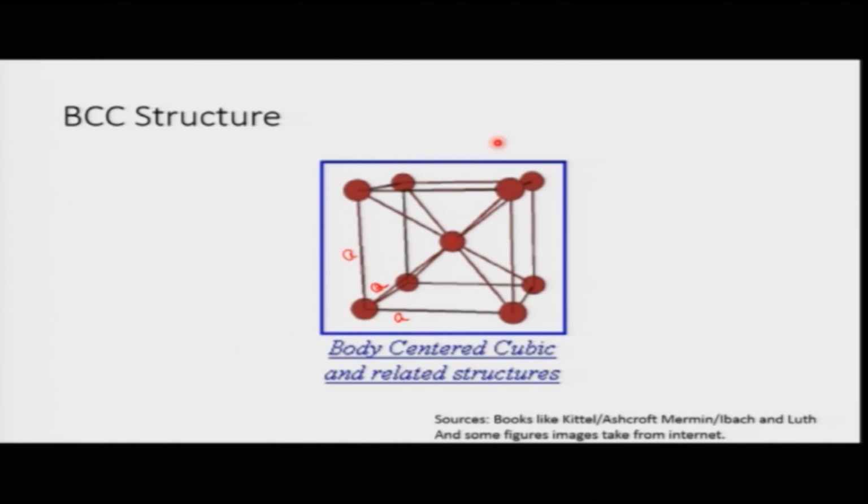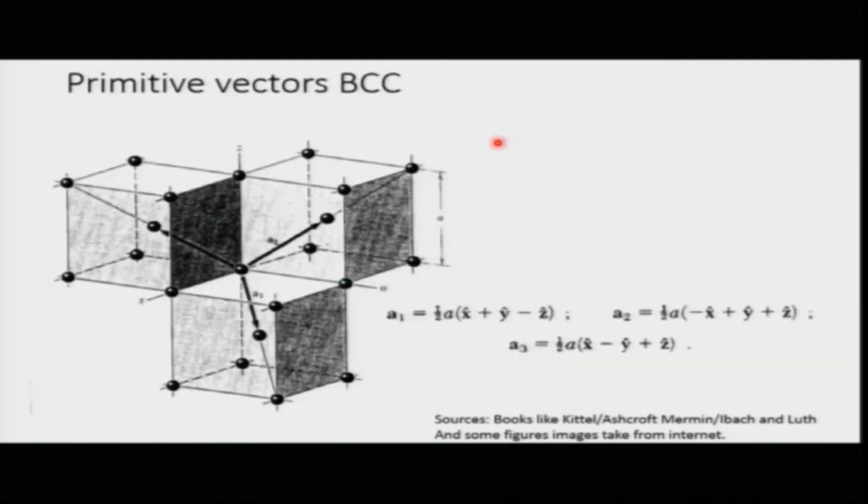So, you have your body centered cubic lattice, and then you can try to define the primitive lattice vectors in this lattice. This is one BCC structure, another BCC structure, another BCC structure, there will be one in between, and then they will go in all three directions.